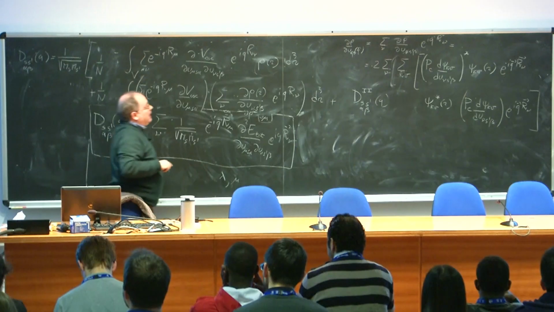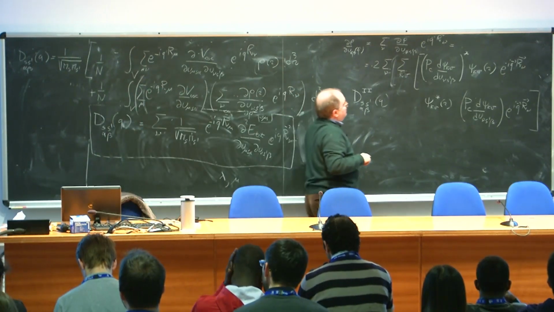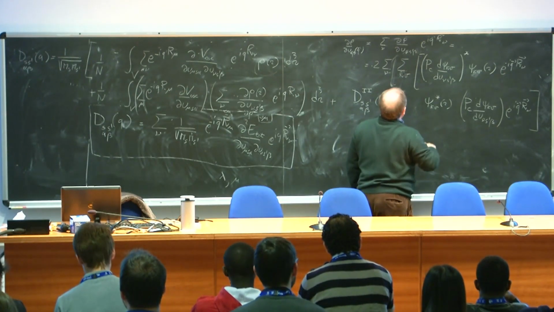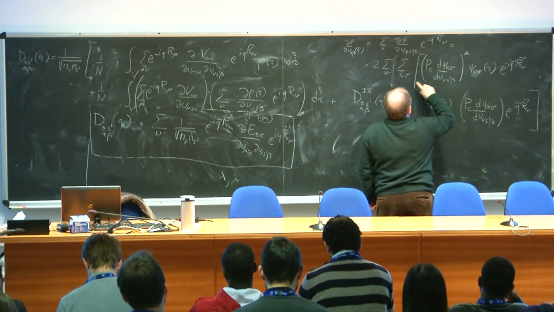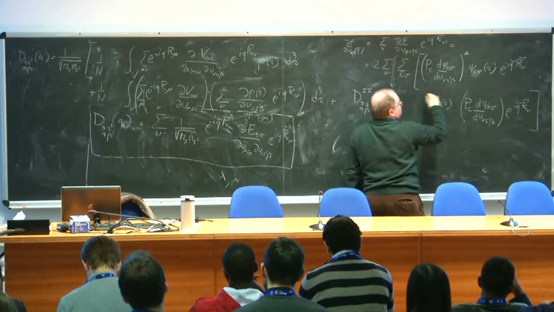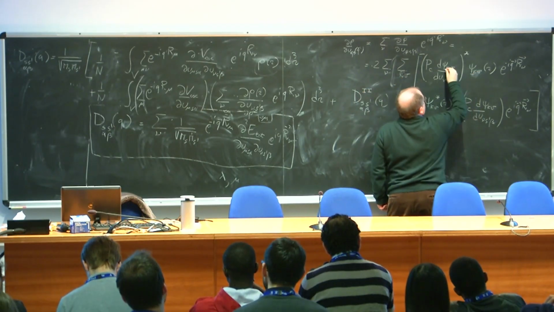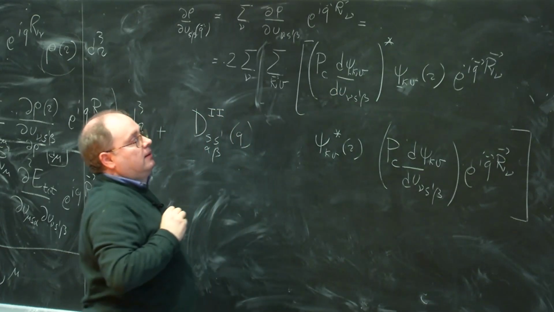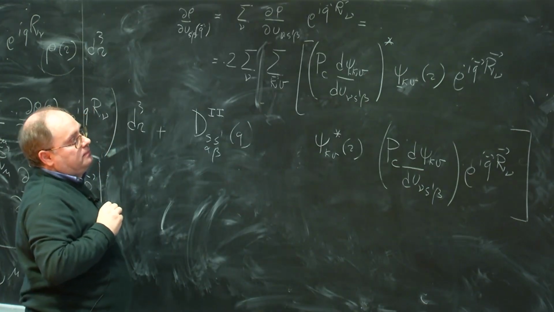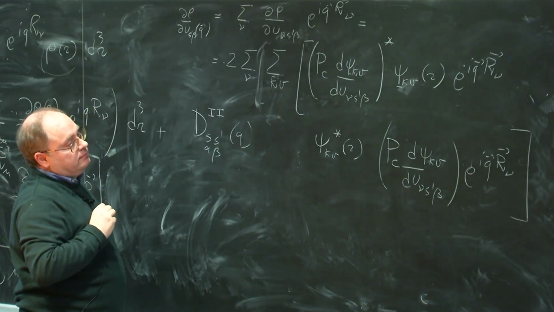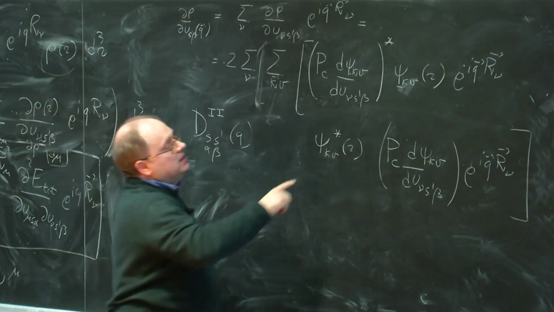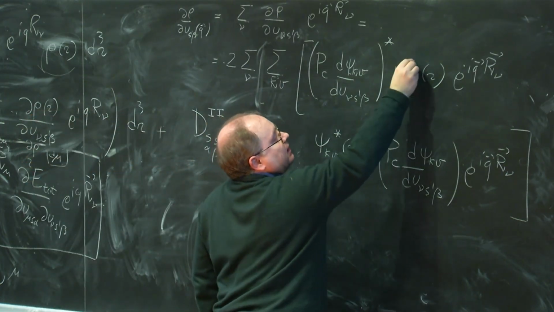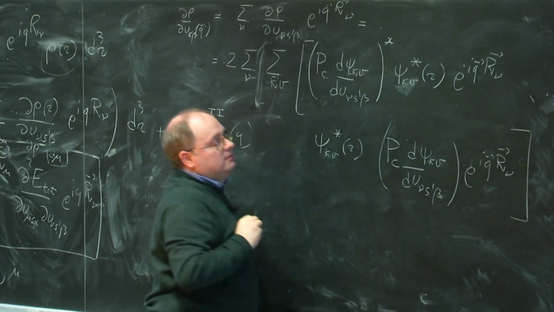But I want to apply this time reversal thing in the first integral. Instead of summing over k, I want to sum over minus k. So this will become a k star.